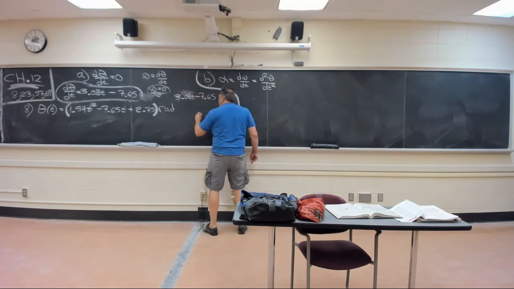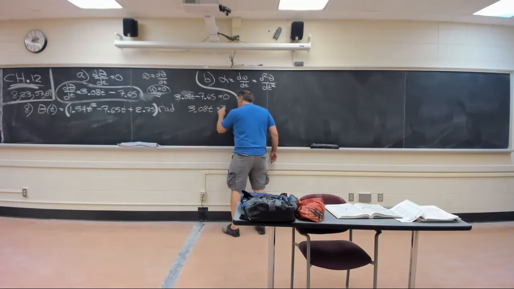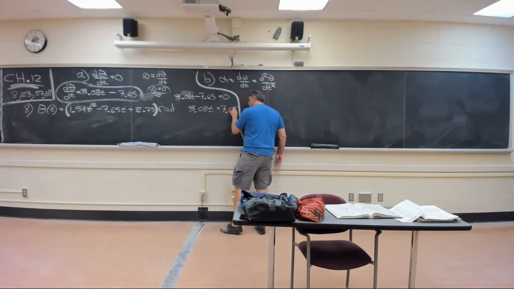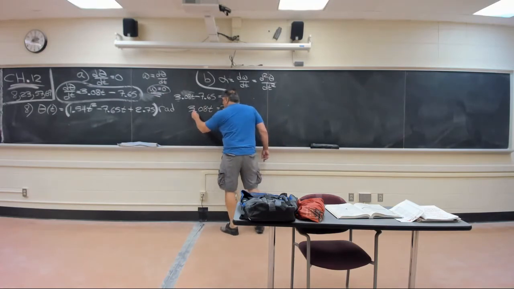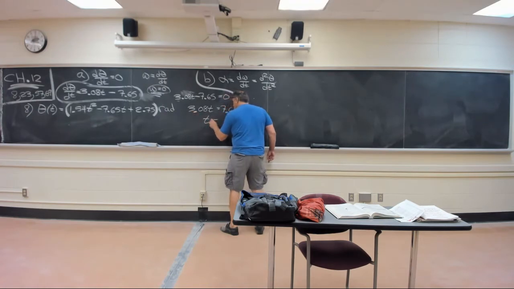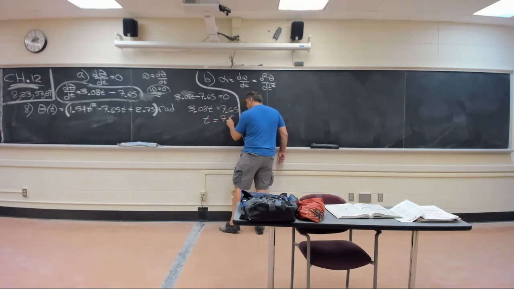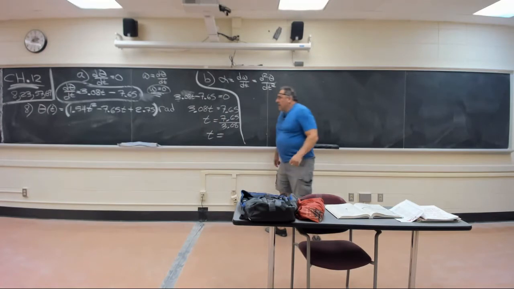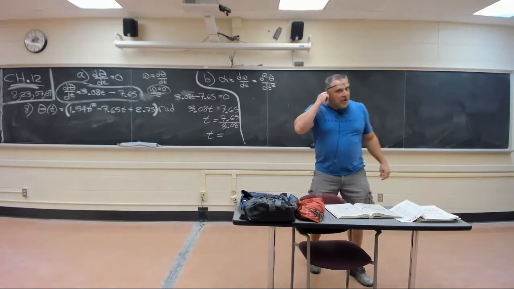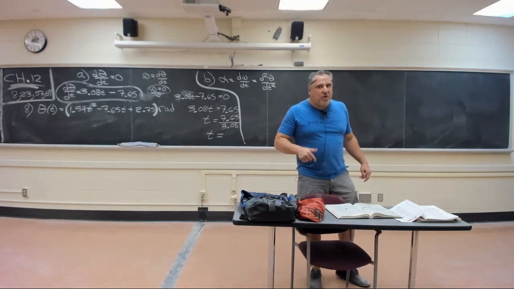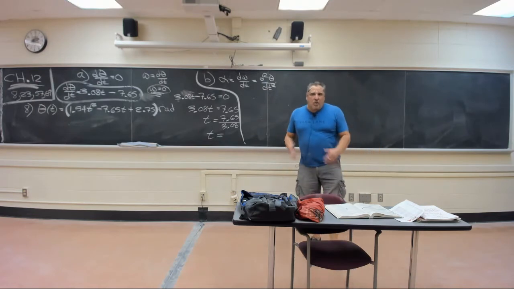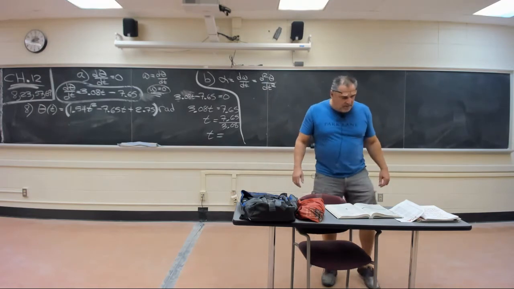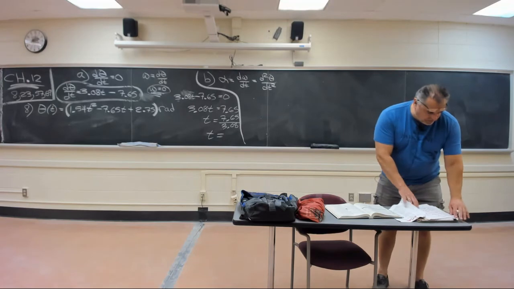Add a positive 7.65 on each side, and divide by 3.08 on each side. At t equals 0 doesn't work. T equals 0 won't give you 0 for angular velocity, but this will. So let's see what we have.